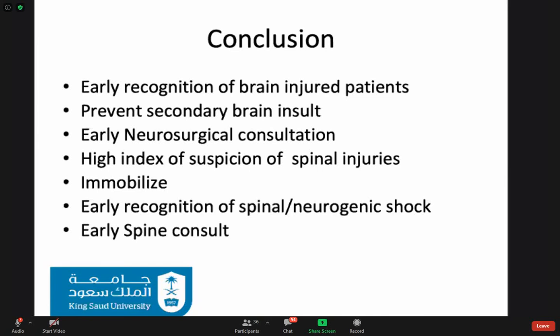So you want to make sure that they don't get hypoxic, they don't have hypoperfusion, so you don't exacerbate this injury. Early neurosurgical consultation for these patients, high index of suspicion for spinal injuries, immobilize the patients early, especially in the C-spine, early recognition of spinal and or neurogenic shock, and then early spine consult for the spinal patients. Any questions?